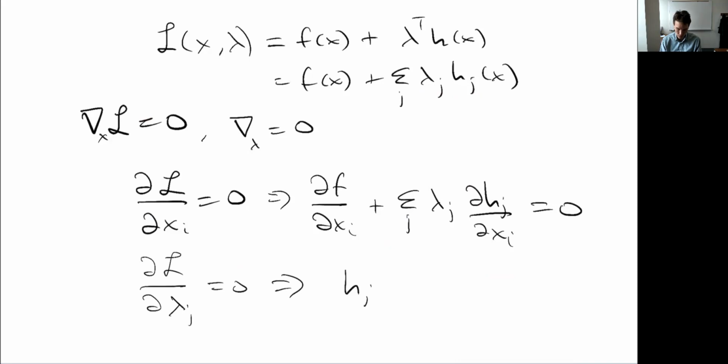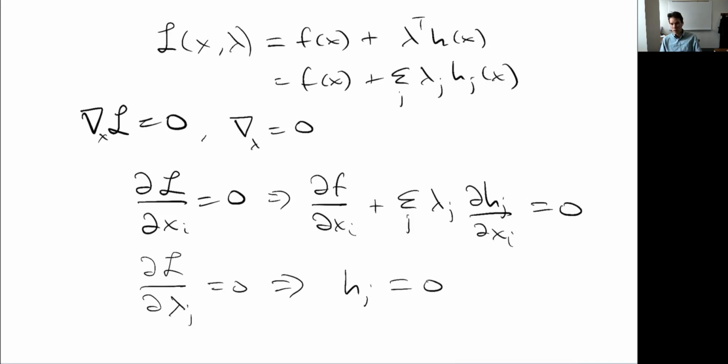So that just says hj equals 0 for each j, which is what we want. In other words, we're saying our constraints must be satisfied. So indeed, this formulation gives us what we want. It satisfies our first order optimality condition, and it satisfies all our constraints. So this is at least the equality constrained version of what we call the KKT conditions.